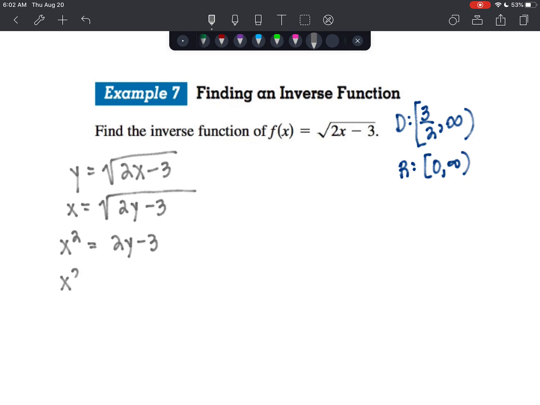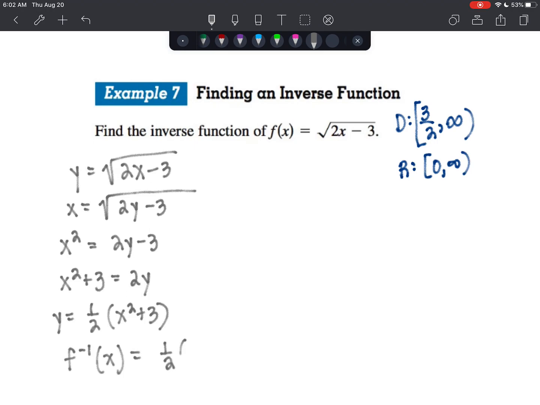I'm going to add 3, and then we multiply both sides by 1/2. So we have y equals 1/2 times the quantity x squared plus 3. I'm going to change that to f inverse of x equals 1/2 times the quantity x squared plus 3.